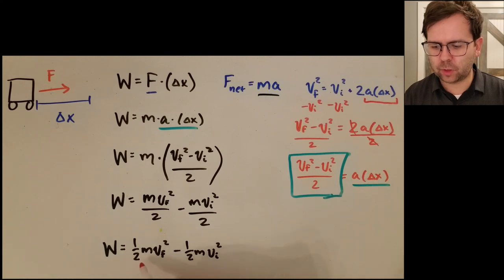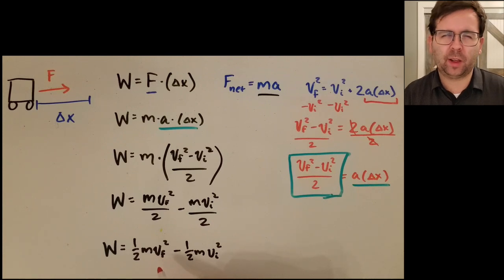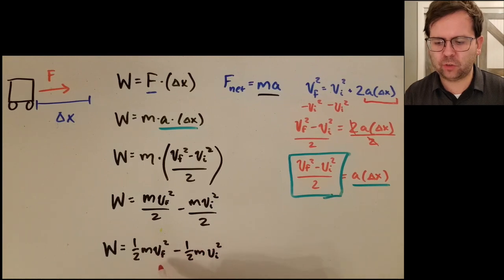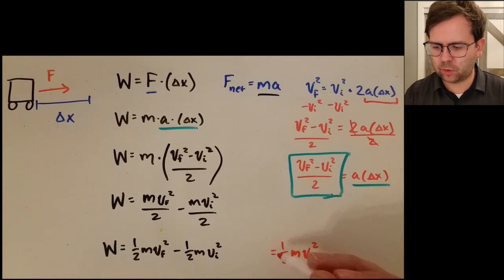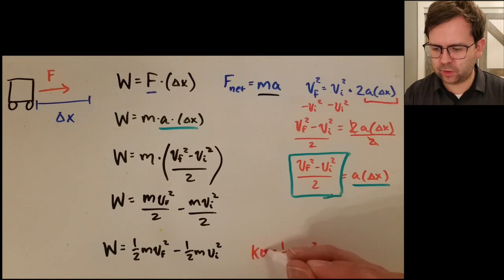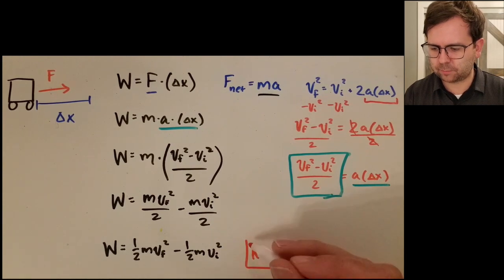So this little 1/2 m v squared has what we wanted in it. It has a speed in it. The work that you do is related to the change in the speed in this way. This quantity of 1/2 times mass times the speed squared, we're going to call the kinetic energy of the object.